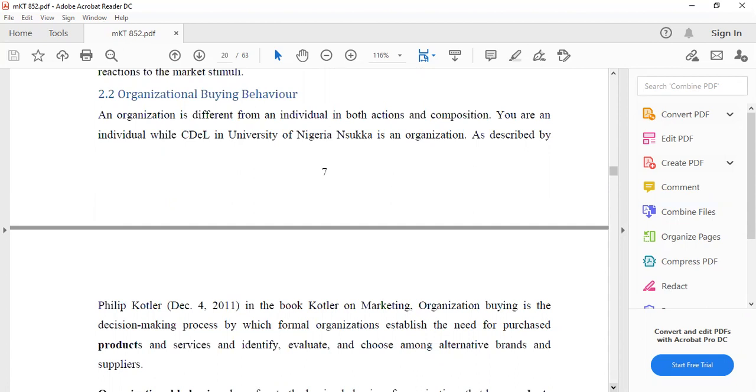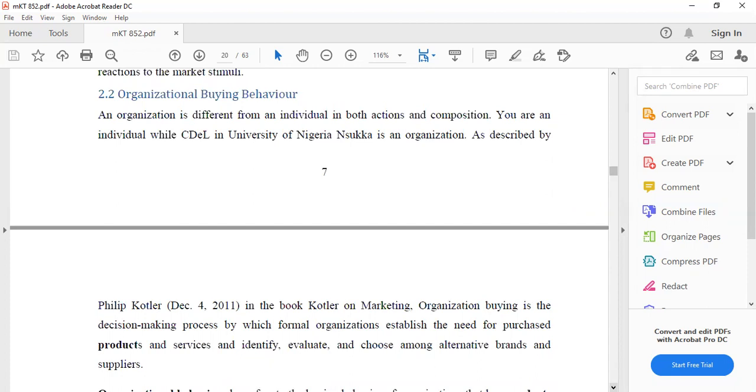To use or resell. Like Kotler said, organizational buying is the decision-making process by which formal organizations establish the need for purchase of products and services, and identify, evaluate, and choose among alternative brands and suppliers. So you can see that there seems to be some complexity in organizational buying behavior.